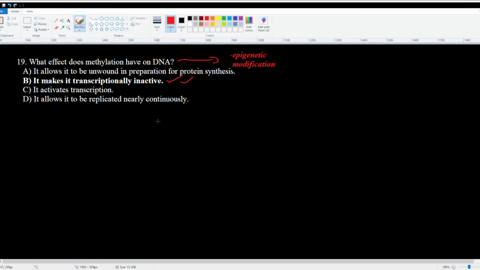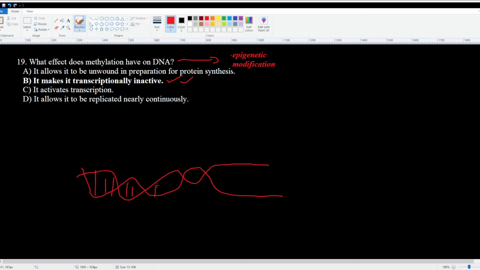So essentially what happens is if we have our DNA, right? So if we have our DNA, and let's say on this end we have 3' to 5', right?